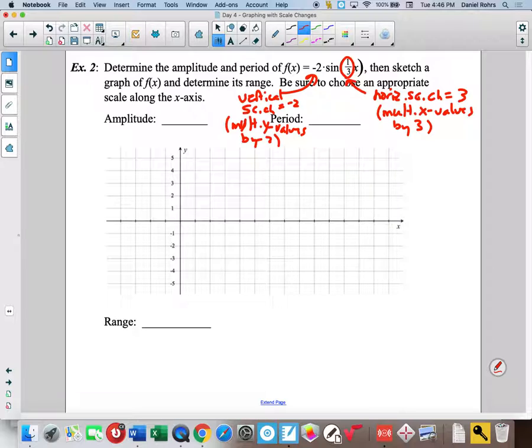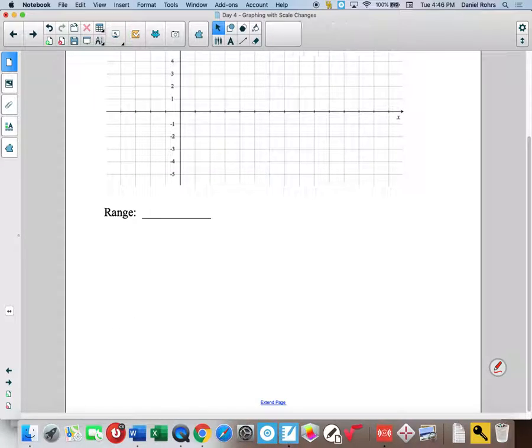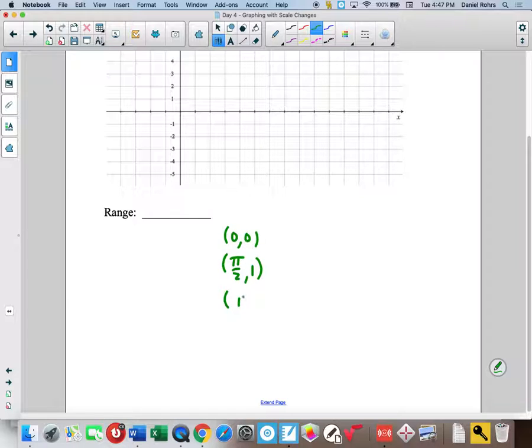And so if we go to our sine graph, remember there are 5 points in the sine graph. There's the point 0, 0; the point pi over 2, 1; the point pi, 0; the point 3 pi over 2, negative 1; and the point 2 pi, 0. We're multiplying the x values by 3. So this is 0 times 3, and we're multiplying the y values by -2.